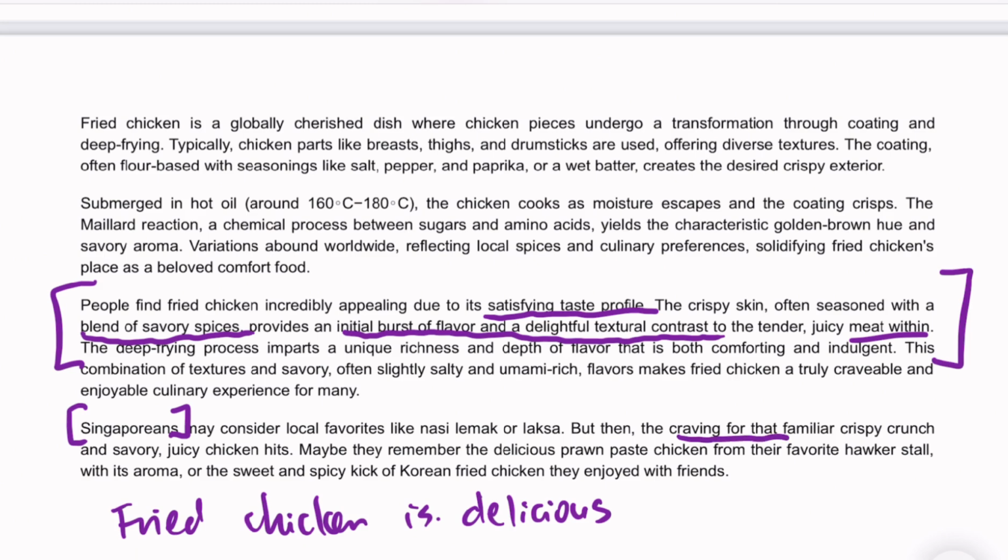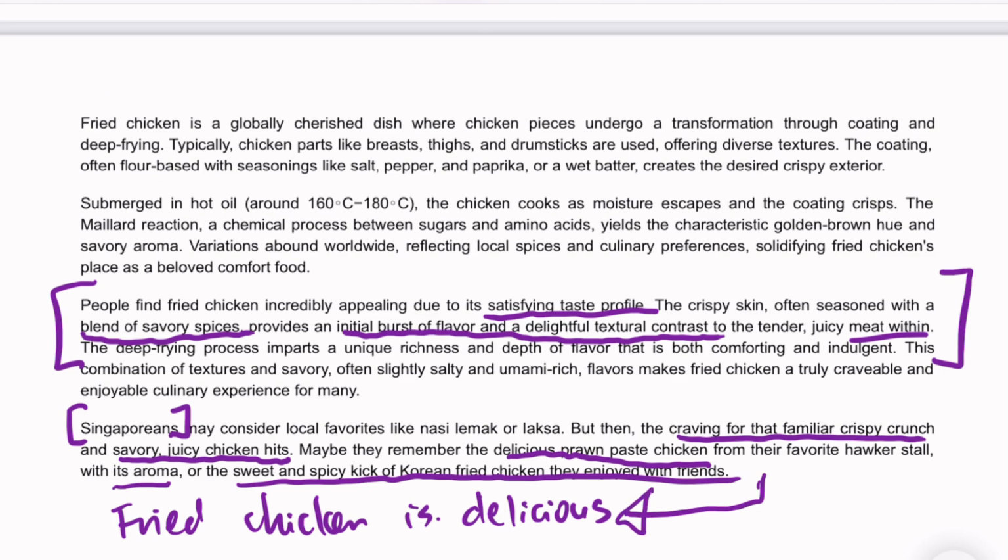They crave the familiar crispy crunch, savory, juicy chicken bits, delicious prawn paste chicken, the aroma, sweet and spicy kick, where they enjoy it with their friends. So the idea of enjoyment coming from all these different descriptions actually shows us that fried chicken is delicious. Okay, so again, it gives me more information. It strengthens and validates my point. It is relevant, and there's a relevant example there.